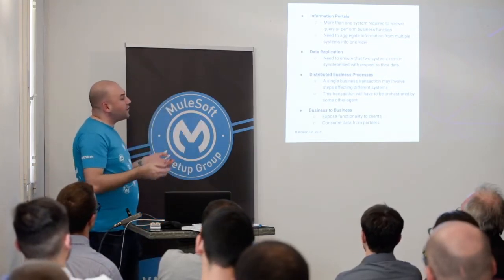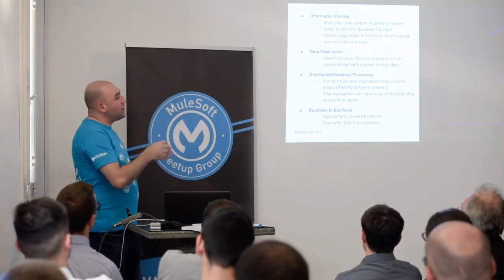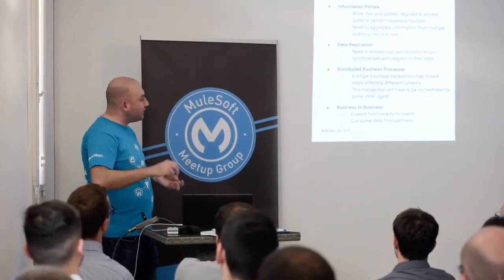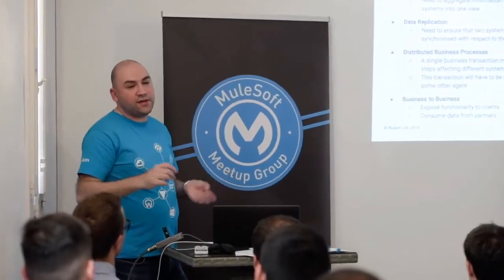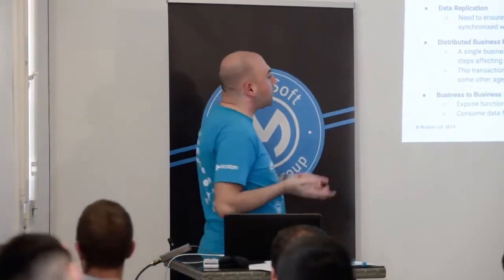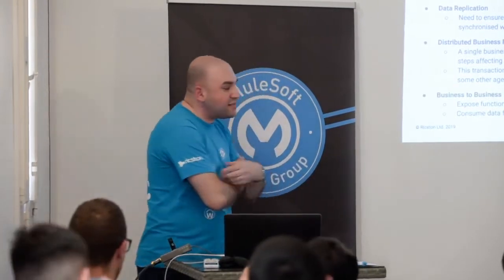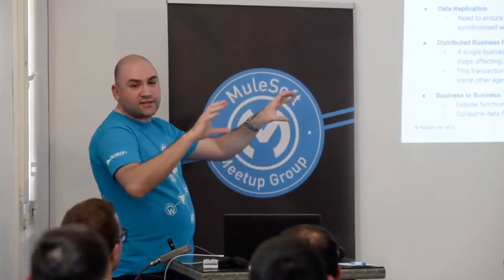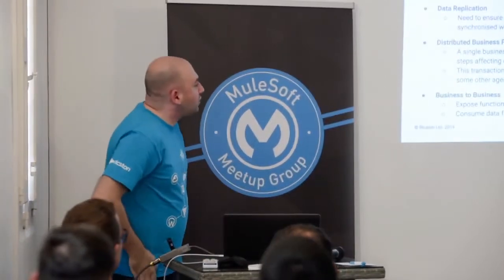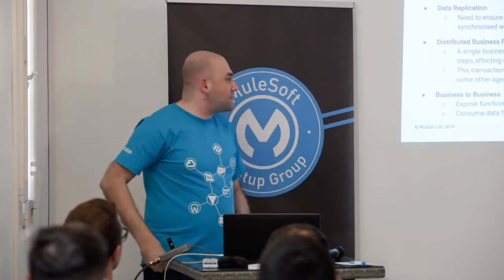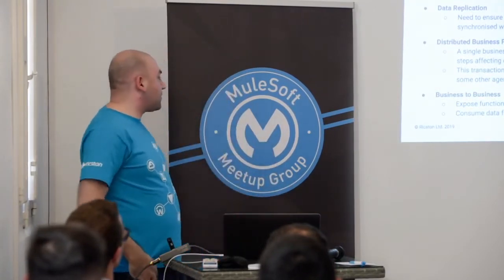Then, from that order, you will have to affect the shipping system. And then you might have an inventory management system, because inventory is running low, so you want to order more of those components. This is just a sequential transaction which involves accessing multiple systems, right? So you will have to orchestrate this transaction across multiple systems. That's an example of a distributed business process.